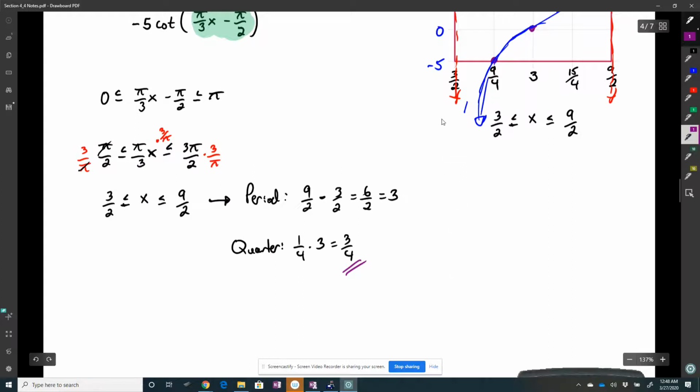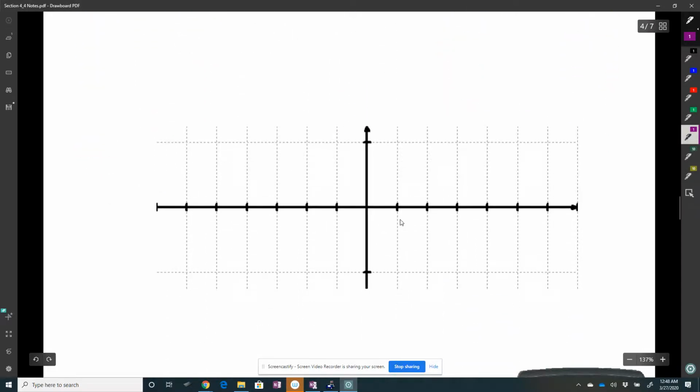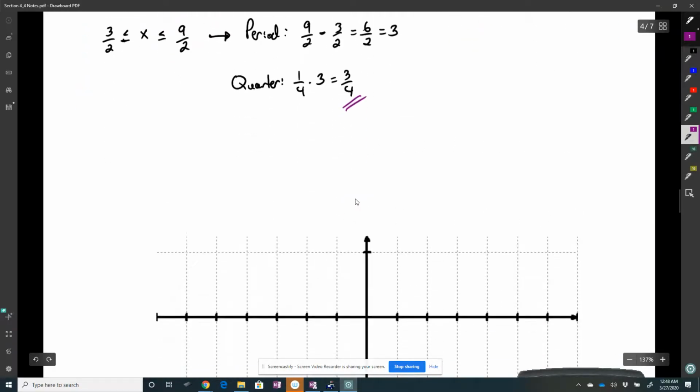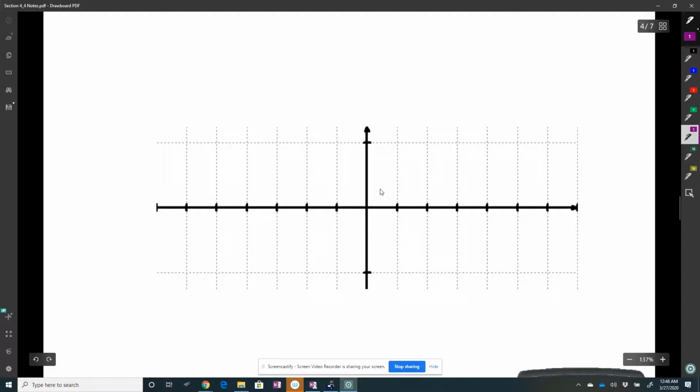So again, if you start at 3/2, then you're forcing each tick mark to be 1.5, which means that your graph's going to be really skinny. So instead, I'm going to make each tick mark worth 3/4. So my graph will be not too bad. So I have 3/4, 3/2.